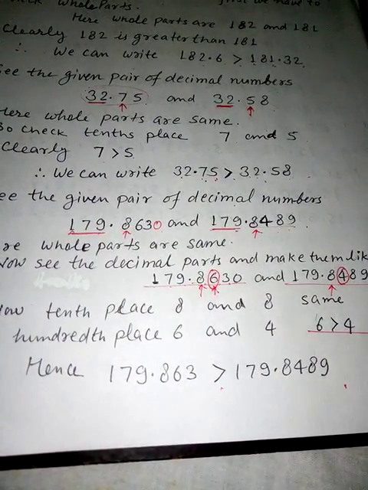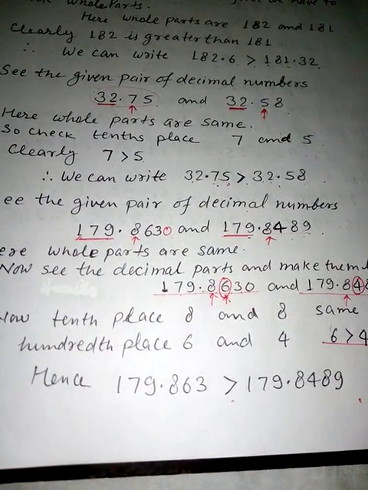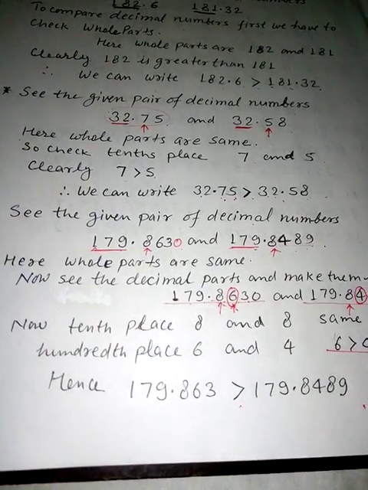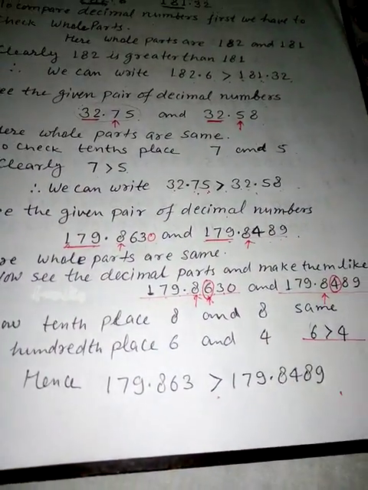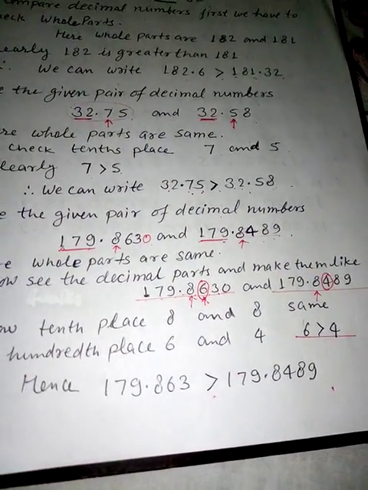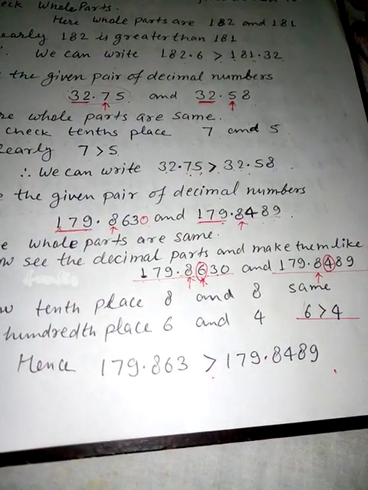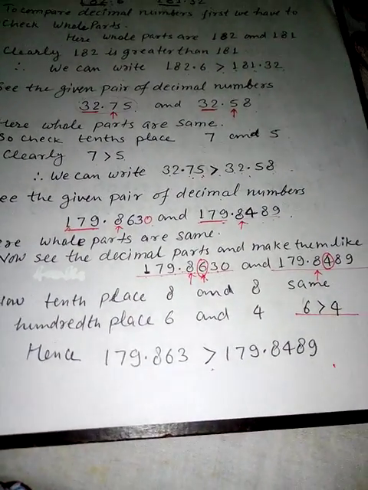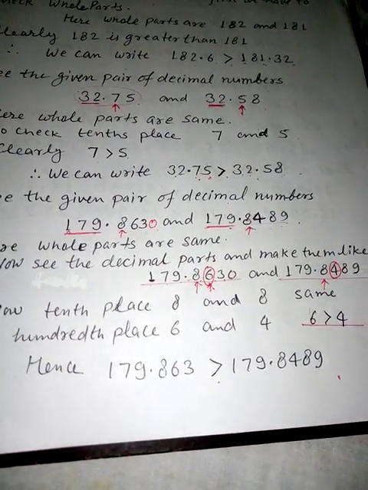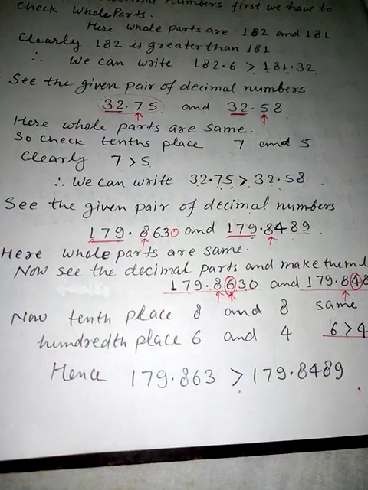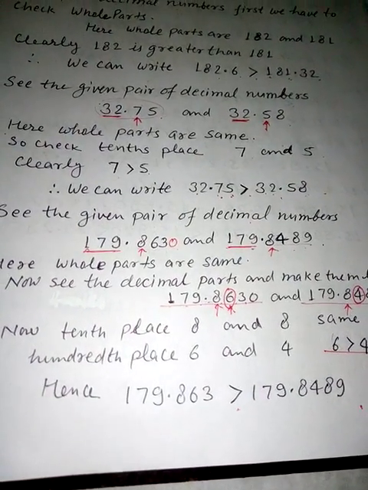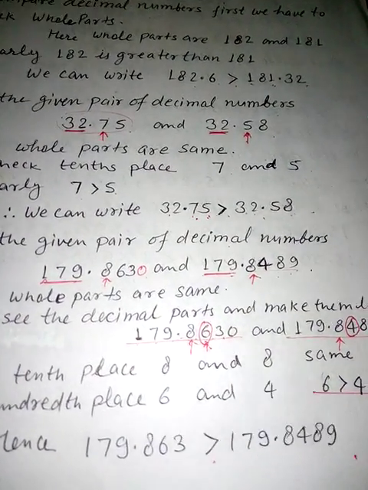So first you have to check from left to right always. If the whole part is the same, then you have to go for the tenths place, then the hundredths place, then the thousandths place, and then the ten-thousandths place in the same way, and you can compare.